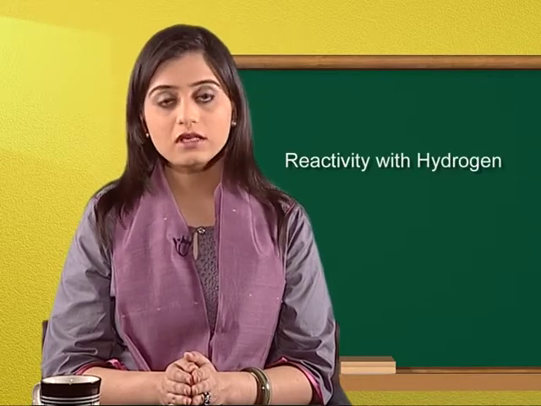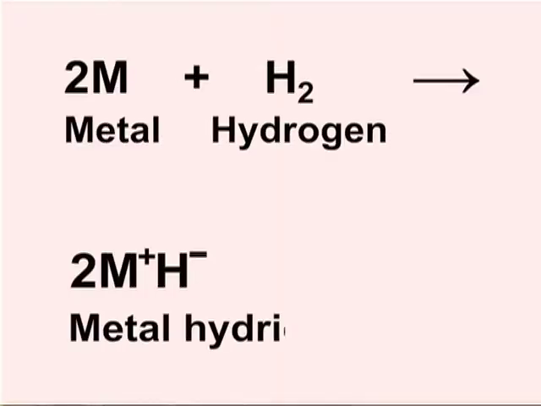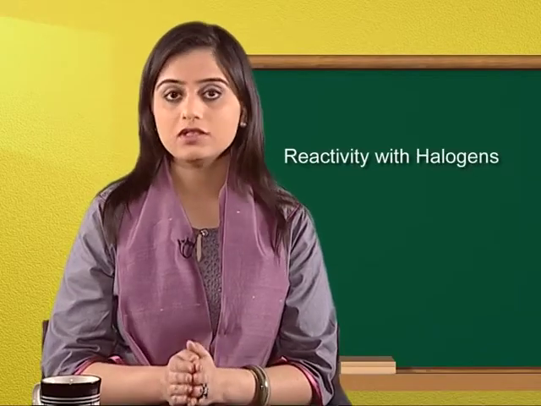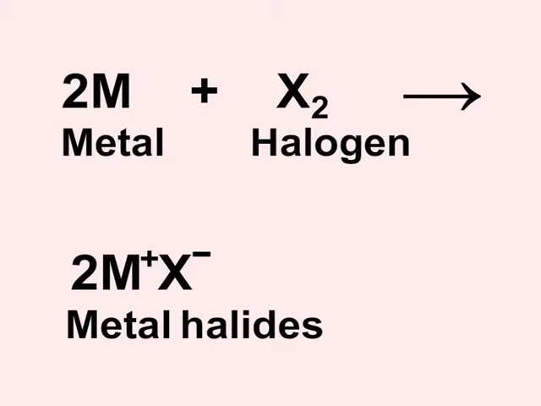Reactivity with hydrogen. The alkali metals react with hydrogen at 673 Kelvin to form metal hydrides, which are ionic in nature. Reactivity with halogens. The alkali metals react with halogens to form halides.